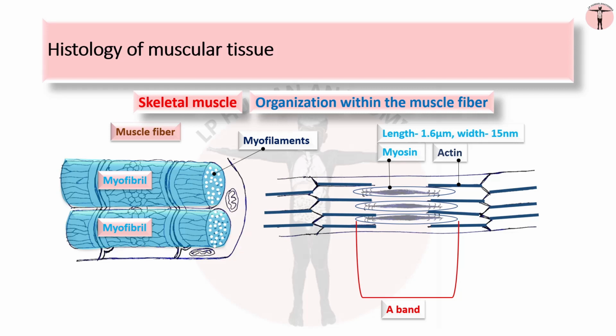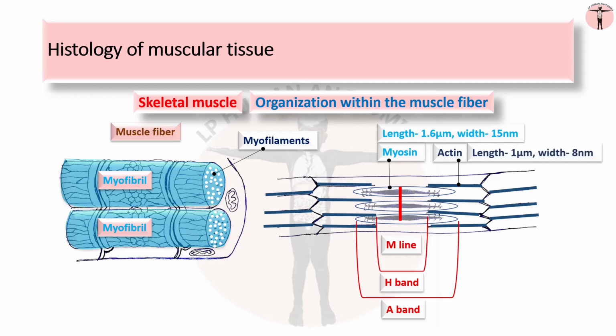Close observation of the A band shows the presence of a lighter zone in its center, corresponding to a region with only the rod-like portions of the myosin molecule and no thin filaments, called the H zone or H band. Bisecting the H zone is the line containing a myosin binding protein, myomesin, that holds the two thick filaments in place, and creatine kinase. This line is called the M line.